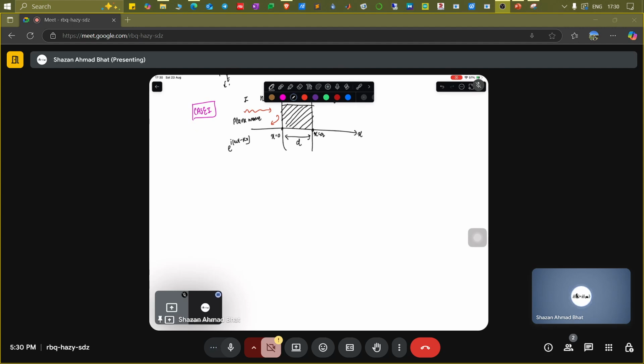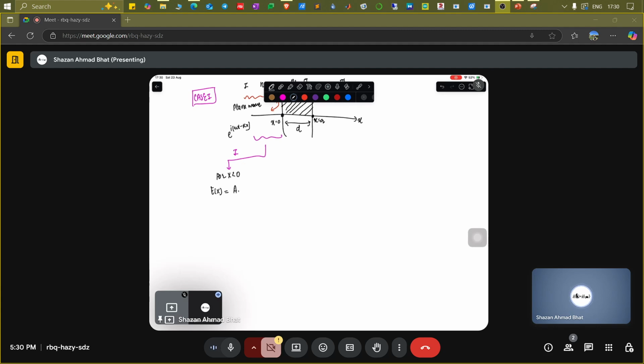Now you solve Maxwell's equations in the different layers. If you solve in this particular zone 1, for x less than 0, because it's a wave equation, you're going to get the electric field as a solution of the form a e to the power minus i k1x x plus b e to the power i k1x x.